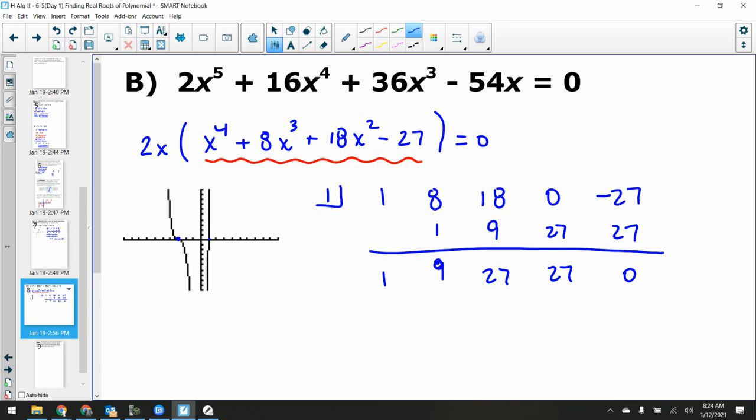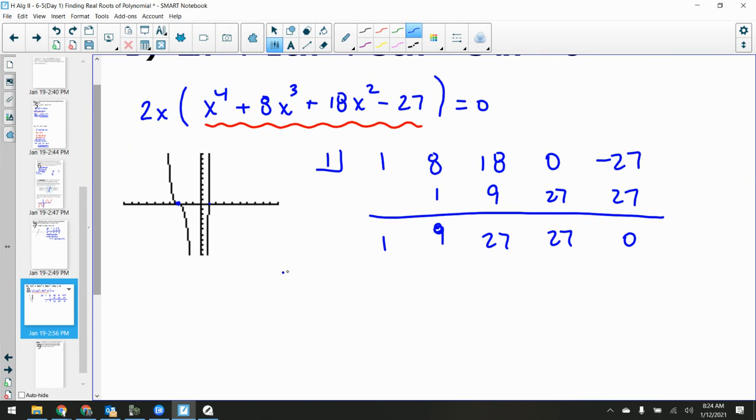All right. So I had my 2x that I originally pulled out. I've got this corresponding factor of x minus 1 that I just removed. And now I'm left with x to the third plus 9x squared plus 27x plus 27.